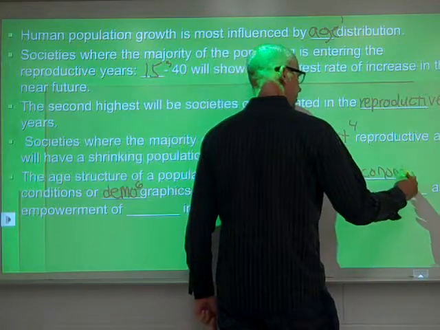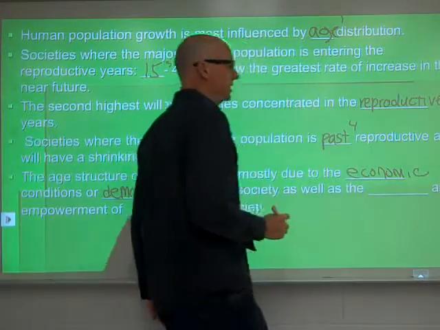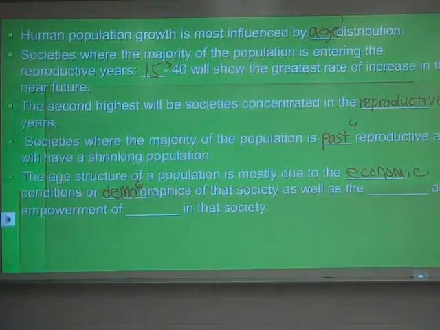Economic conditions. And when I say conditions, I don't mean good or bad, just what is the basis for income generation in that society. Really, how does that society feed itself, and shelter itself, and then above and beyond that, other things that are attained.